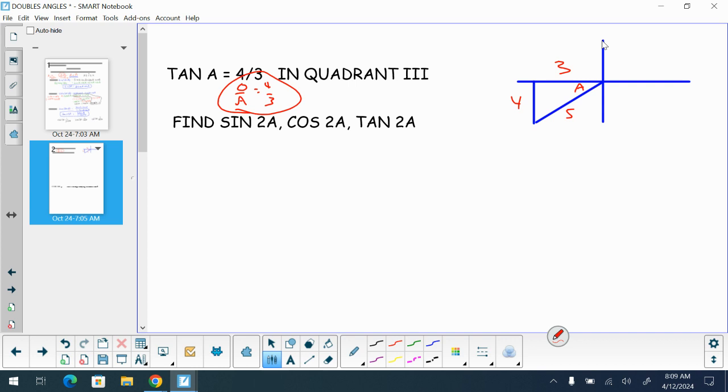Do we have to throw any negatives in there, Vic? Negative 3, negative 4. Yeah, both of these left and downwards. So the sine of 2A expands out to 2 sine A times the cosine of A. So I go out to my triangle. What is the sine of A? What is the cosine of A?